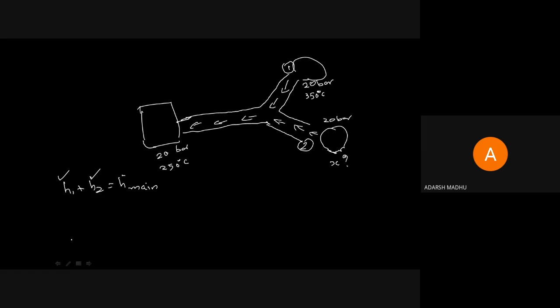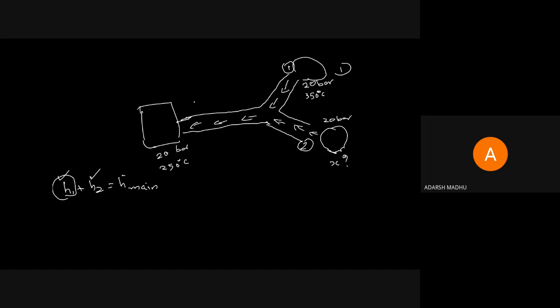So from the first one you find the value of H1, that is boiler 1 with the superheater. You are finding the equation for total heat transfer for boiler 1.